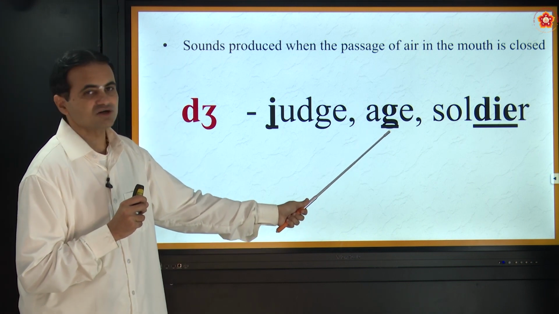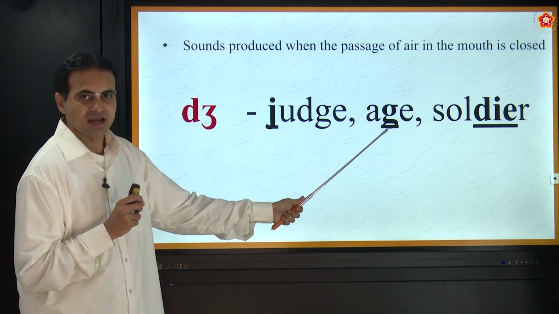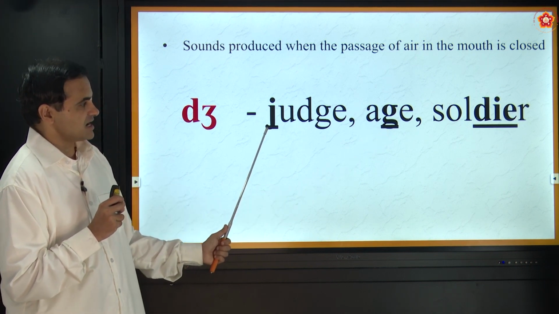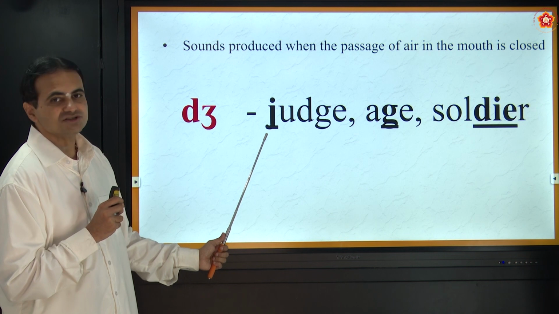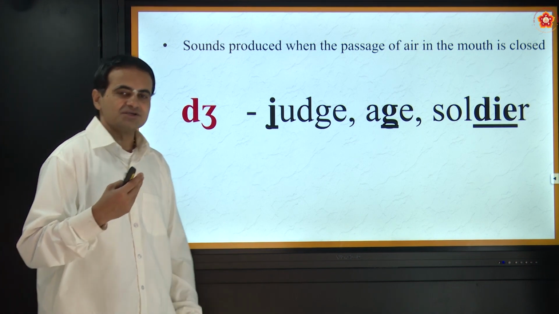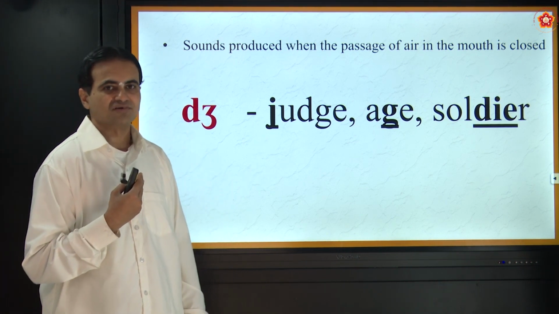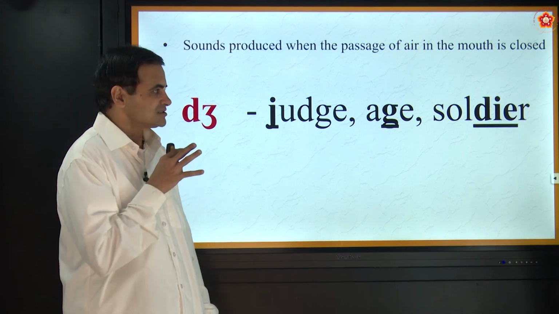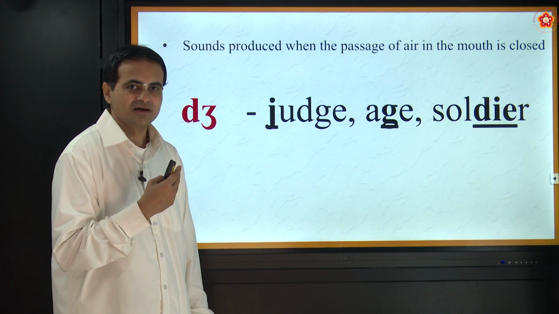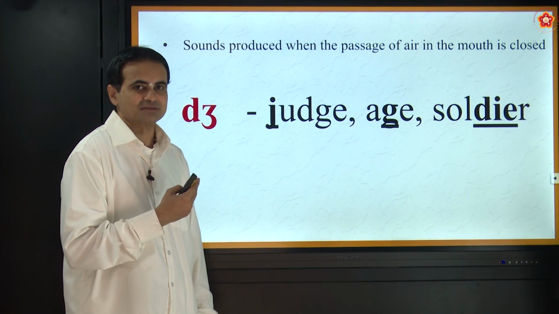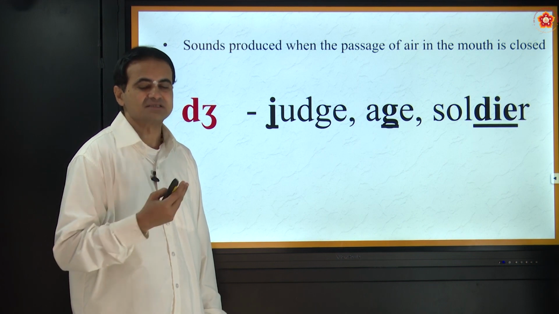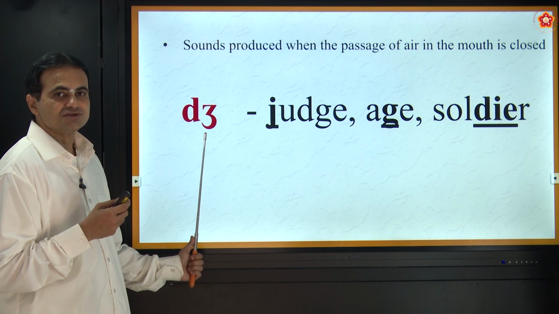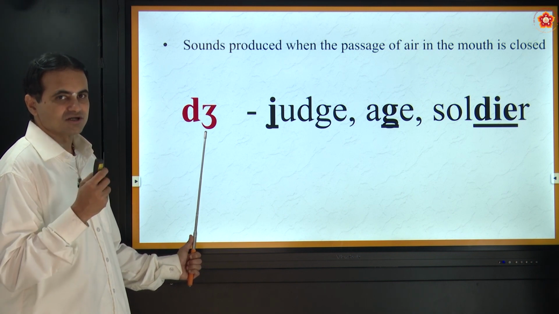It is not "egg," it is age. So it's J sound. And here it is J, not G. So in English, pronunciation can be different from the spellings of the words. We should not be misled by the spellings. Generally, we all go by the spelling sometimes, and therefore we are misled and we mispronounce it. Therefore, this is J.